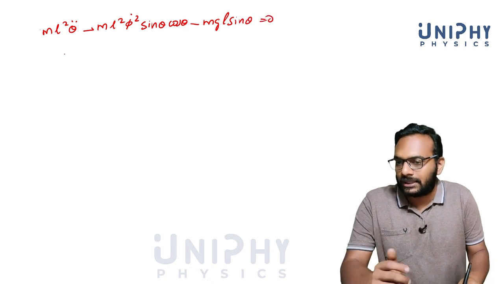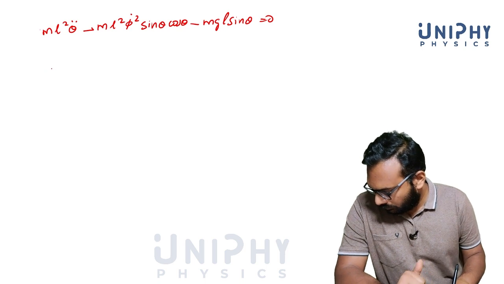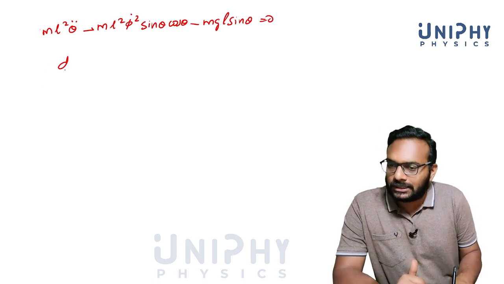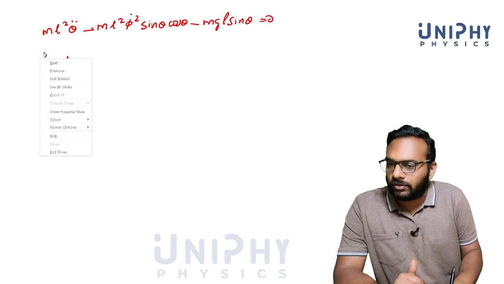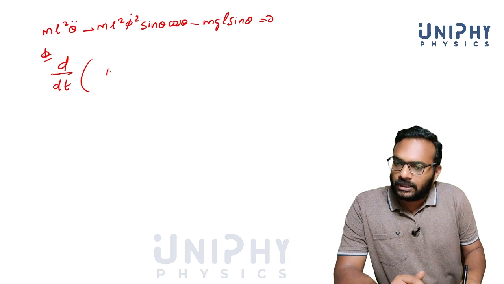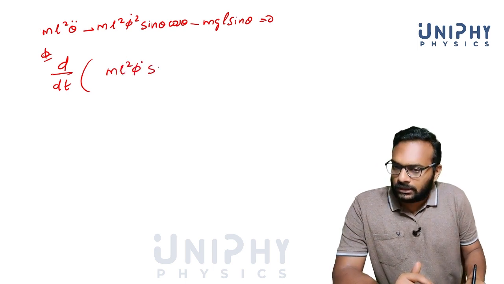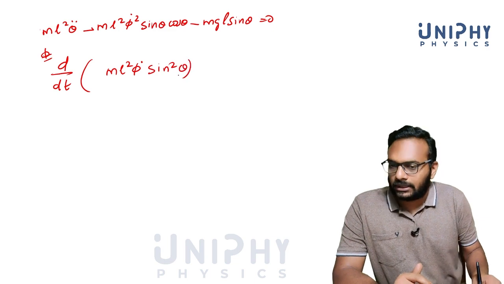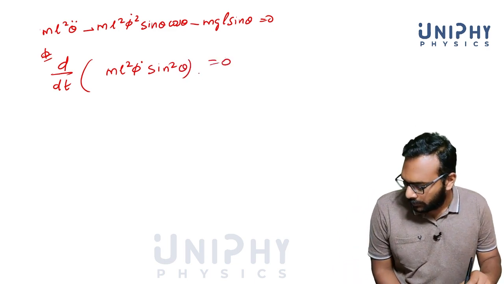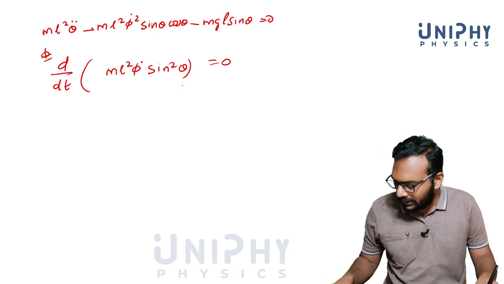That's the equation for theta. The equation for phi is a conservation equation, d by dt of ml square phi dot sin square theta is equal to 0. That's the equation for phi. Phi is called a cyclic coordinate, etc. We discussed these things.